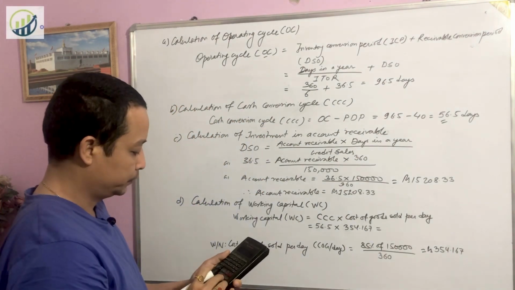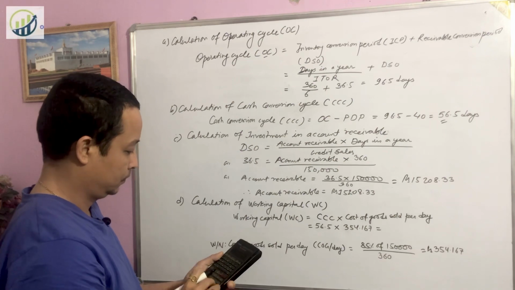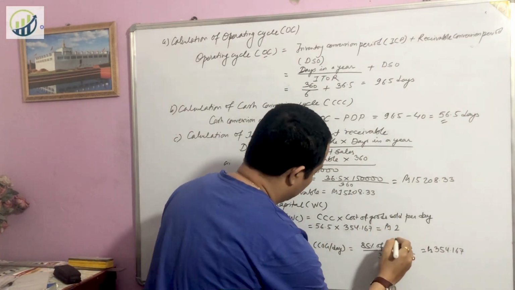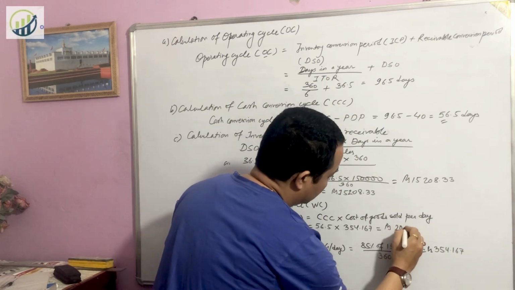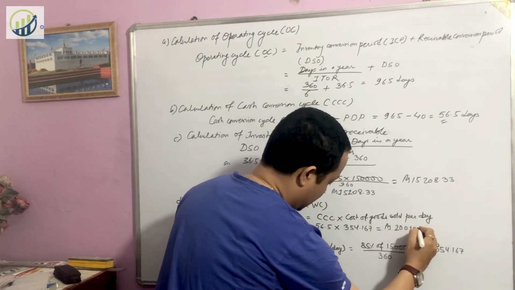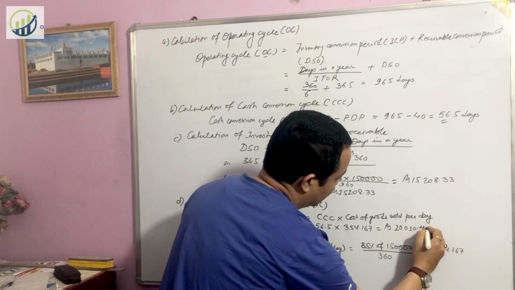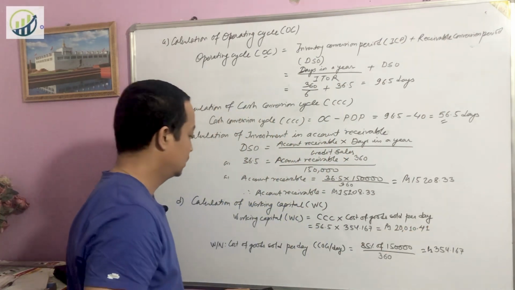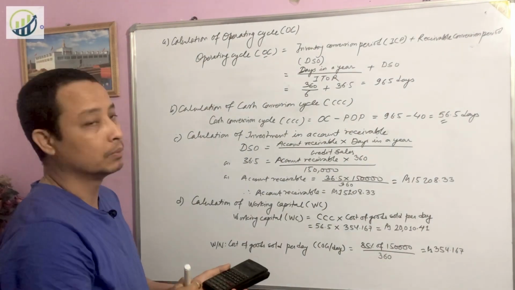That will give you rupees 20,010.41. So this is the working capital of Himal company.